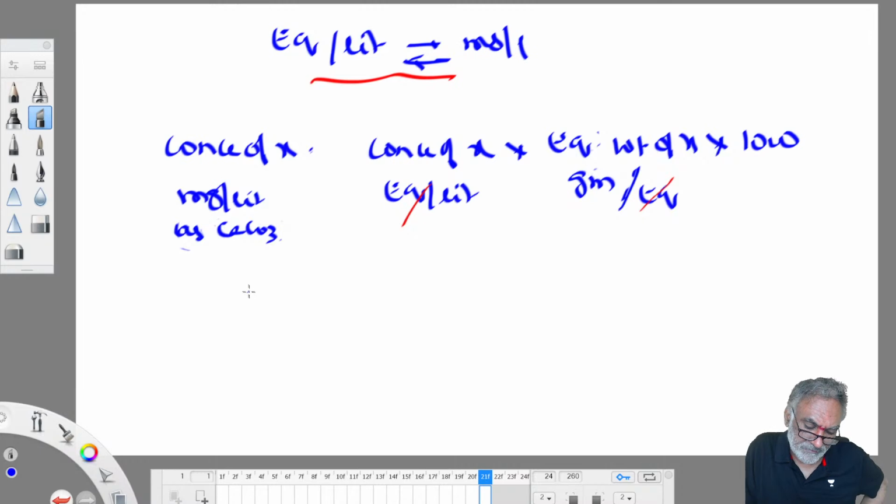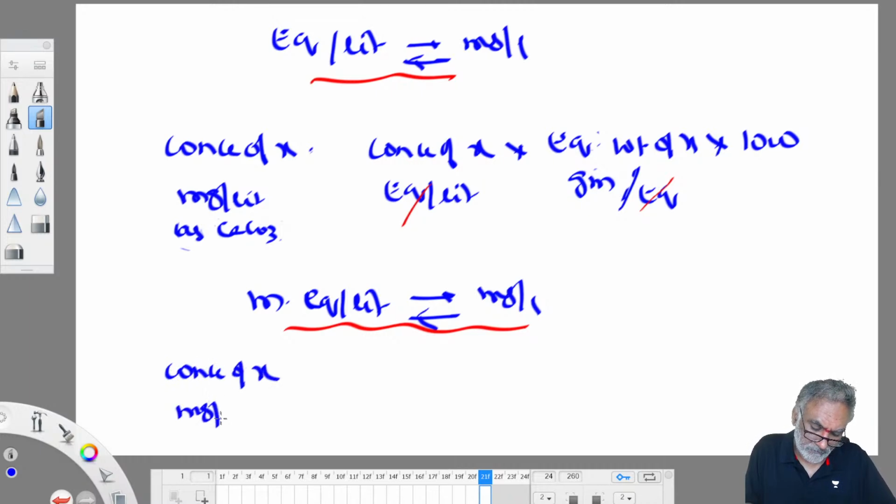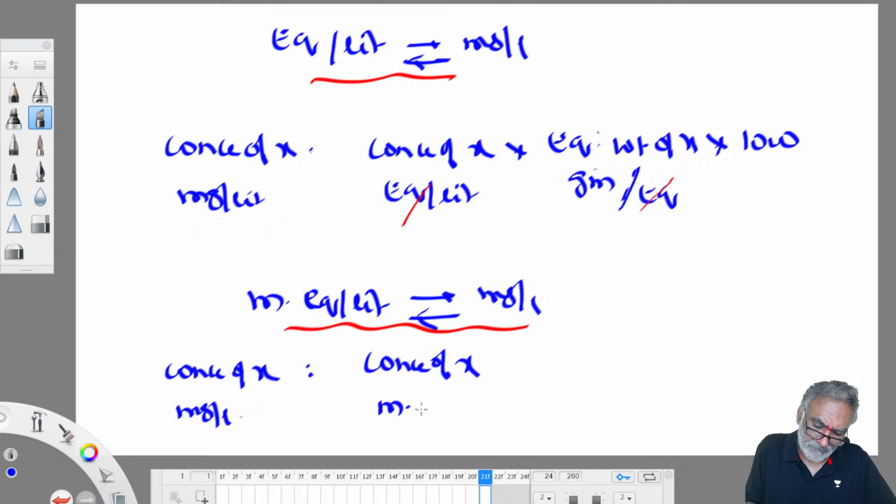Similarly, when milli equivalents are given, in general I am writing. That's all.